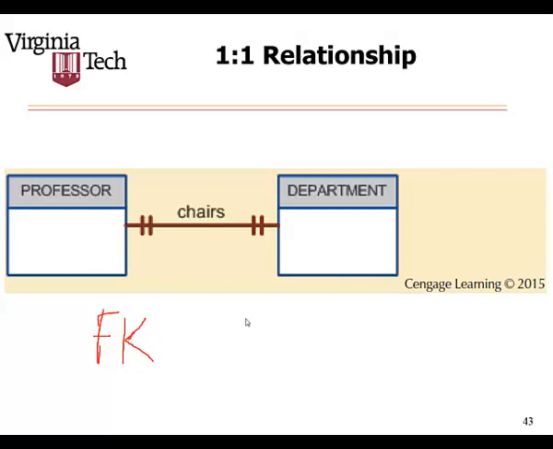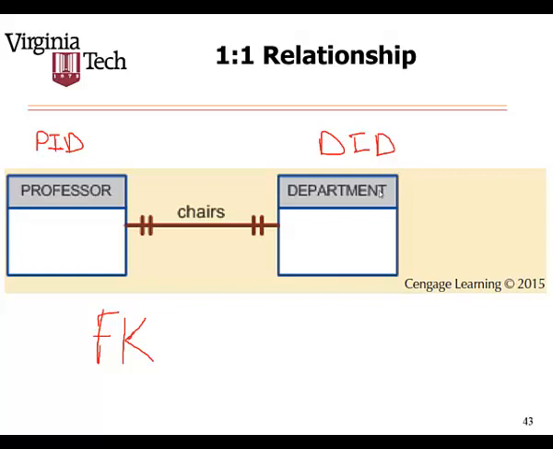So let's think about it. The primary key of professor is, I'll call it PID, and the primary key of department, which I'll call DID. So those are my primary keys.